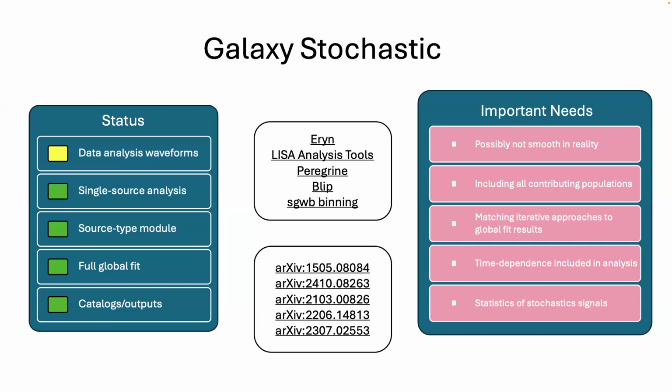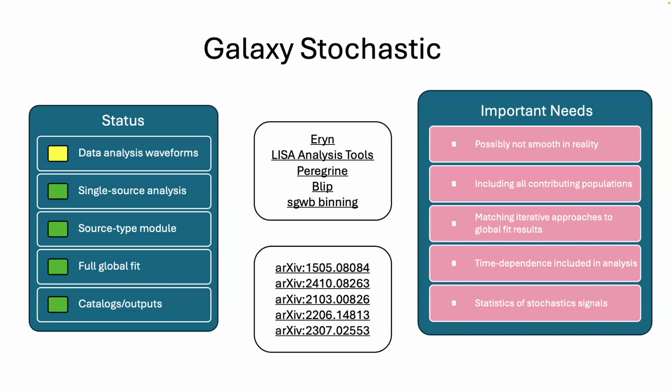You need to fit for the sources and the stochastic model simultaneously in order to get the actual right result. We try to simulate this to make predictions by doing iterative approaches. As far as I can tell, I think they work well. And there have been some suggestions for these approaches on how to add in some computations that can make them more accurate and give a higher fidelity to the global fit outputs.